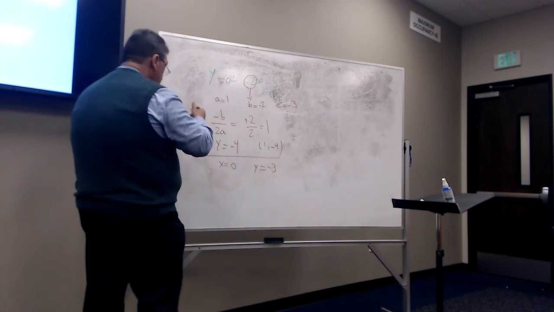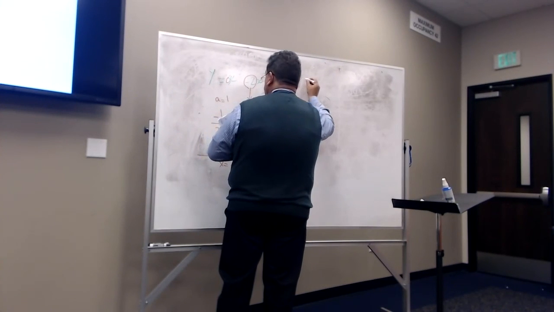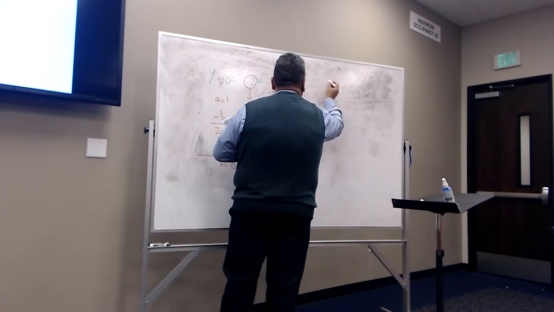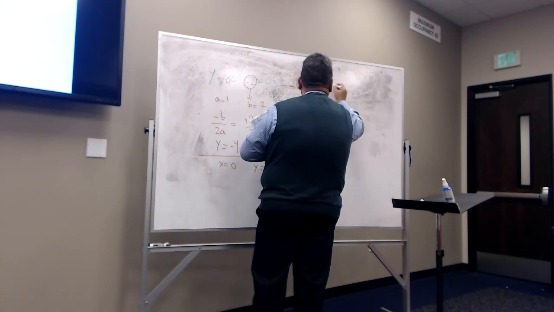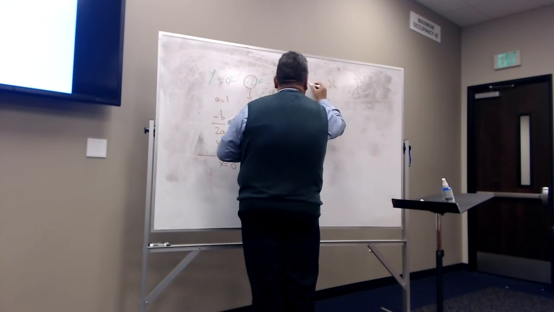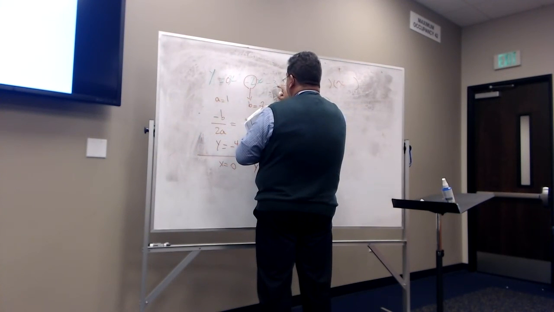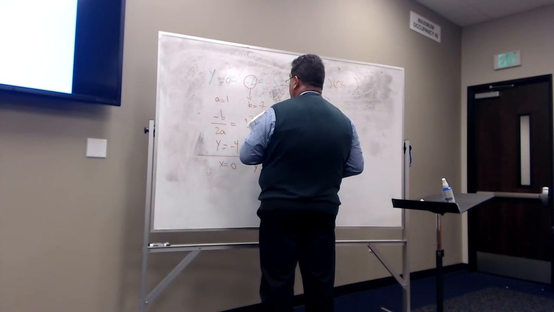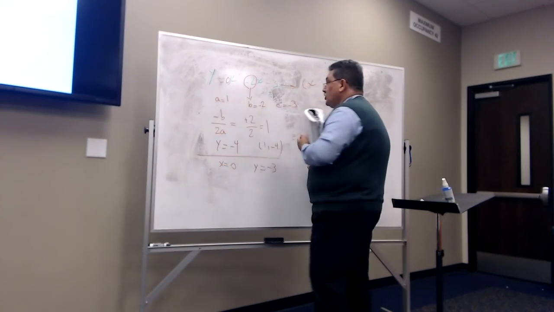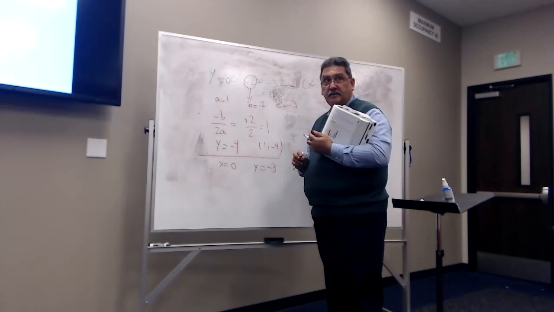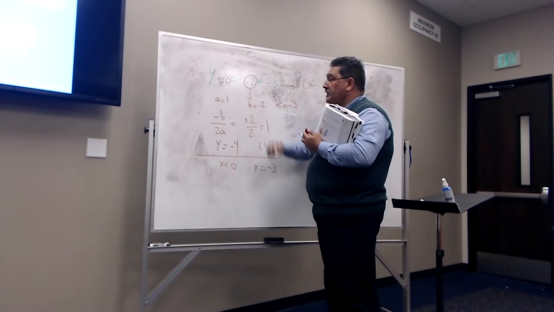If y is 0, then you have one of those quadratic equations: x² - 2x - 3 = 0. So we have two parentheses, x and x. I want two numbers that multiply together to give -3 and add to give -2.